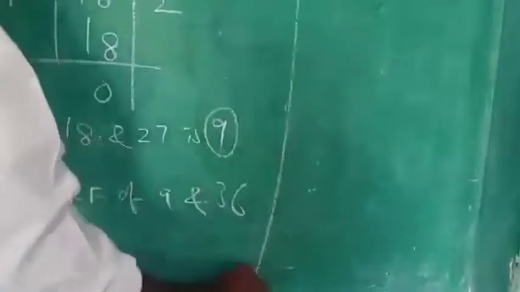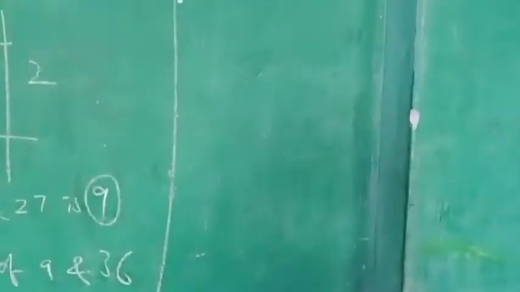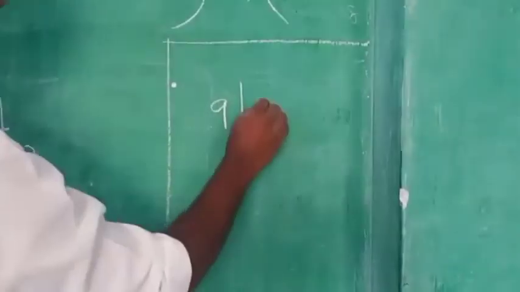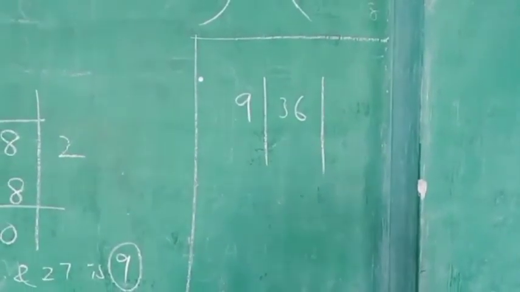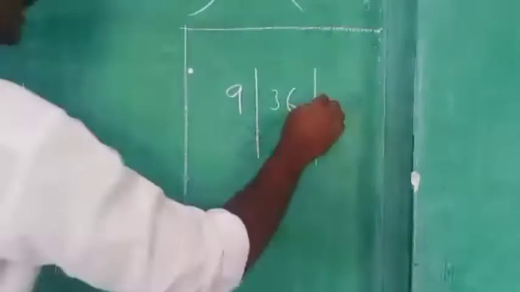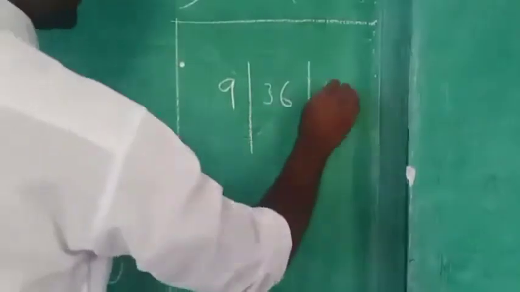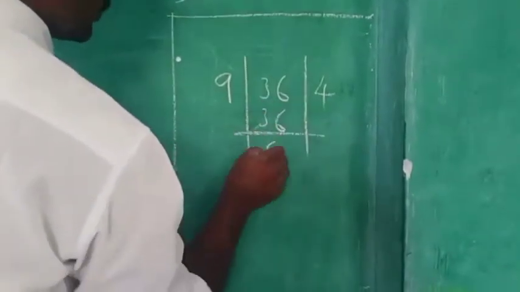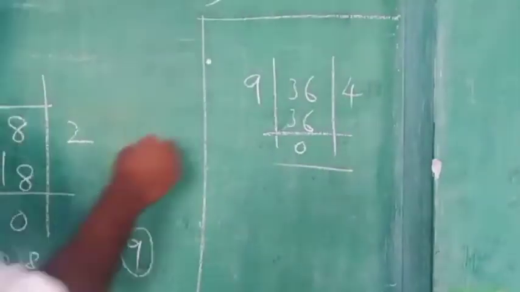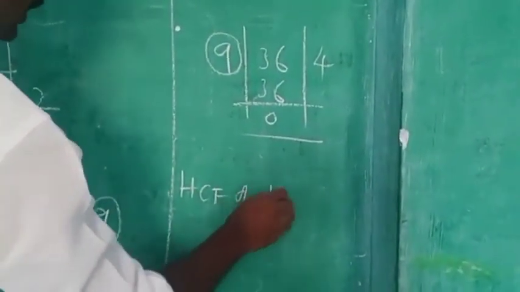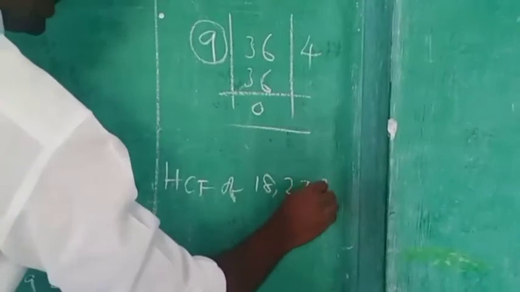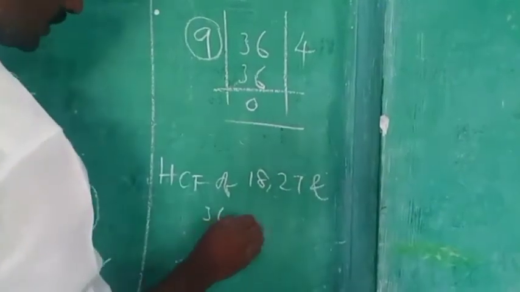So observe carefully. Here I will take 9 and 36. If 9 divides 36, then 9 is the HCF for all the terms. 9 fours are 36. So we can say that the HCF of 18, 27 and 36 is 9.